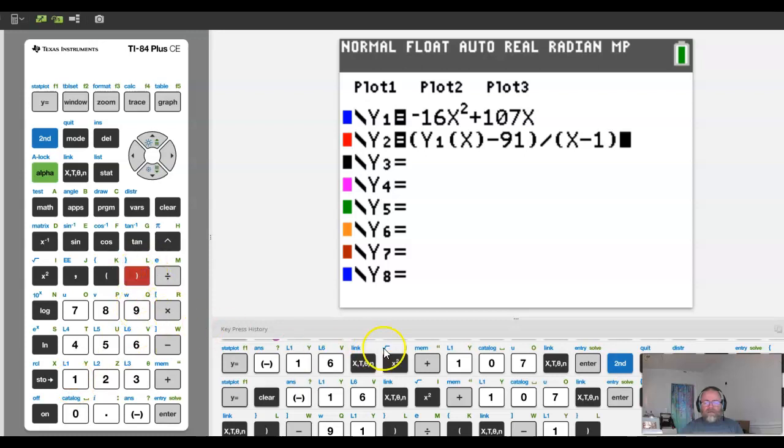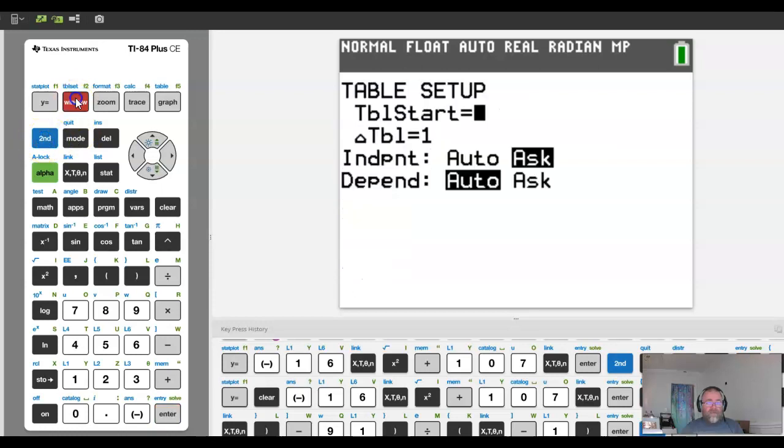What happens is, if we put the 2 in there, it's going to evaluate at 2 minus the evaluation at 1, all divided by 2 minus 1. That way we can check for different values and put it into our table and get these answers really quick.